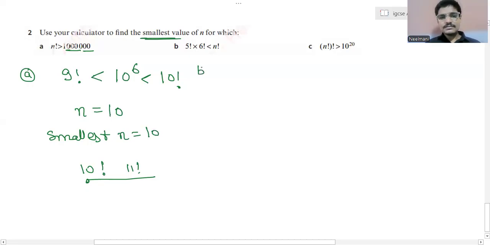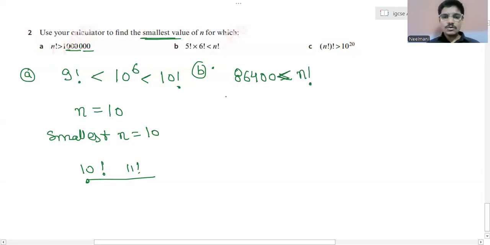See the second one. Here, they're talking about 5 factorial into 6 factorial. Now, 5 factorial into 6 factorial, when you see the value, it would be actually 86400. You can check in your calculators. So what it is actually asking is that this value should be less than n factorial.